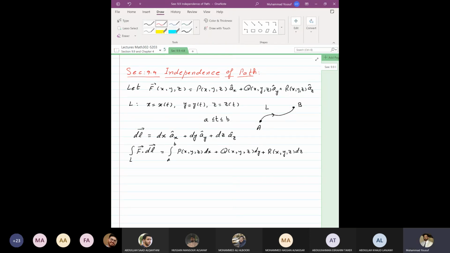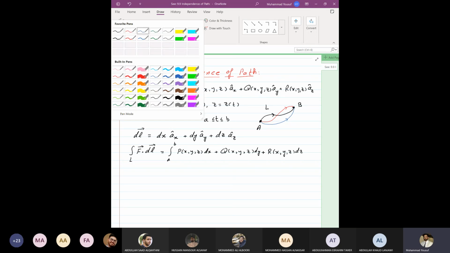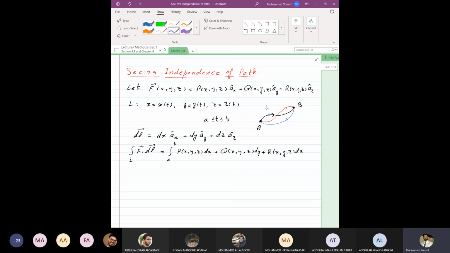That is, under what situation, if we choose some other path, for example this red color path, or some other path like this blue color path, or maybe some other curve like this one, for example this path, do we get the final answer independent of path? So the question is, what is the condition that it depends only on the endpoints?